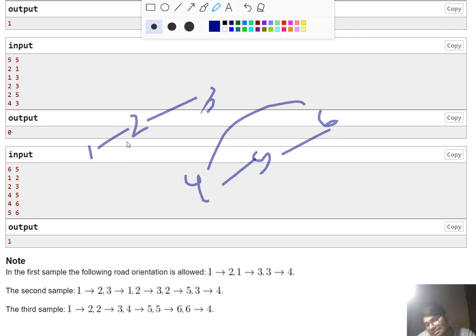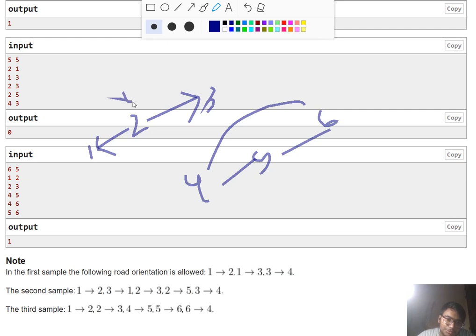When we have such a system, let's say a linear system, in this linear system two is having two connections, and this is having one connection. If we have one connection, then we can only make this one, and we can only make this one.